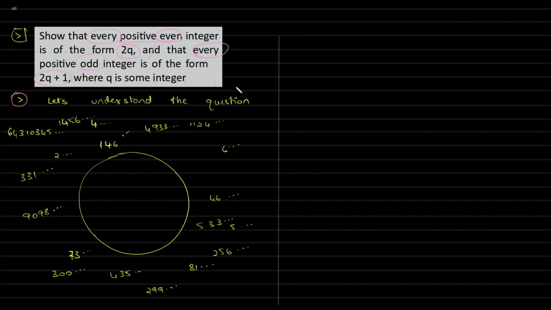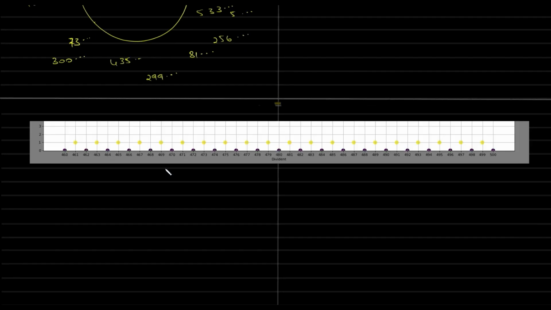If you remember the Euclid division lemma we just studied in the other video, we saw that any number can be written in the form of divisor into quotient plus remainder. In the same pattern, here too the divisor is 2, where q is your quotient.